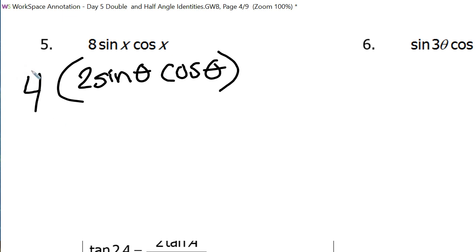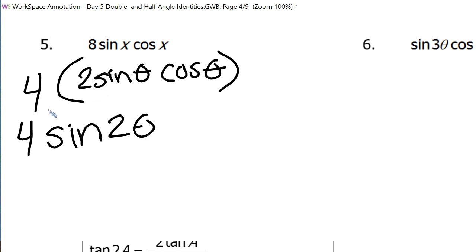So that formula has been multiplied by 4. So bring down the 4, and 2 sine theta cosine theta is for what formula? Sine of 2 theta. So this would be 4 times the sine of 2.